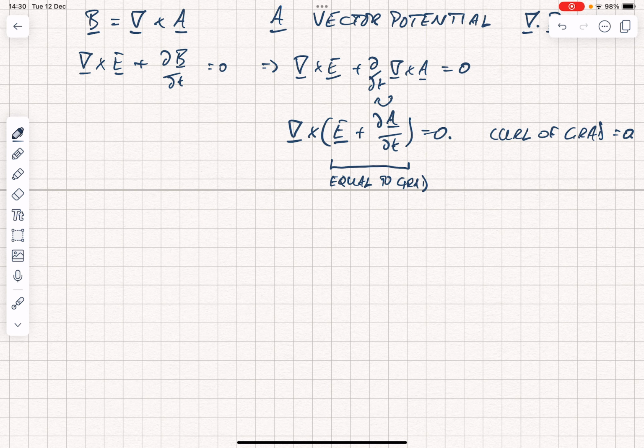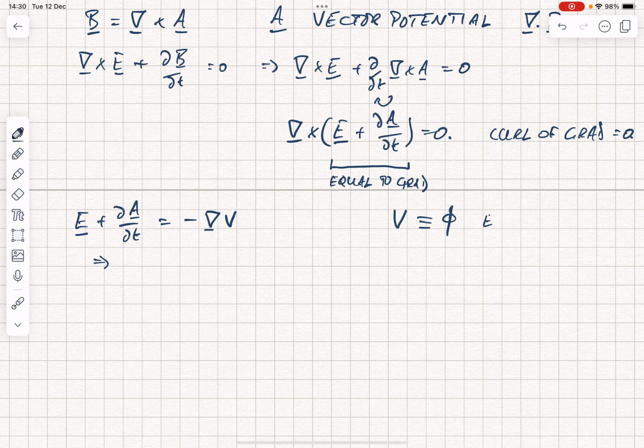Conventionally, we choose that gradient to be the gradient of the electric potential, and so we write E plus dA by dt is equal to minus grad of V. The minus sign is purely conventional. I have sometimes used phi for the potential. The two are equivalent, and notice that this phi has nothing to do with the magnetic flux, which is normally written with a capital phi.